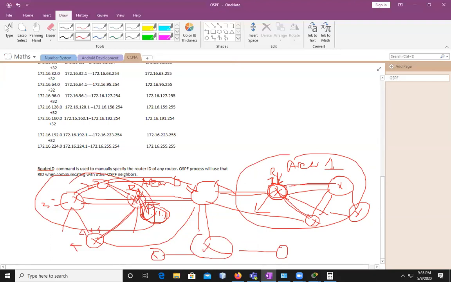And then second, suppose this particular router is not functioning. At that time, the election will happen again. The router with the next smallest router ID will be considered the designated router. Now you can check, 1.1.1.1 is not there, this router is having a problem. The second will have the next smaller router ID, so this will be called the designated router. When you have 1.1.1.1 as designated, this one can be called the backup designated router. Are you understanding?